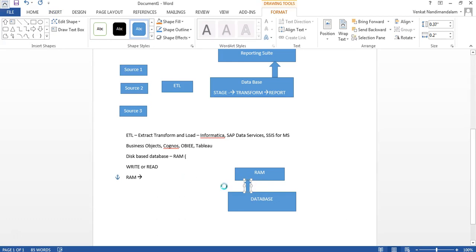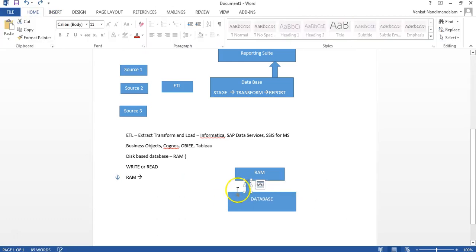And we always know that the data flow between two layers or two applications is always expensive. So this is one of the main bottlenecks we have with the current data warehousing systems, where you need to do a lot of data movement between your database and RAM. Why are we doing this?